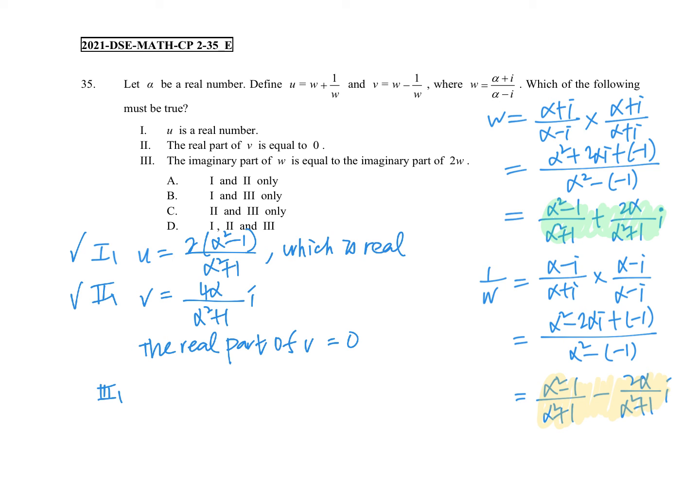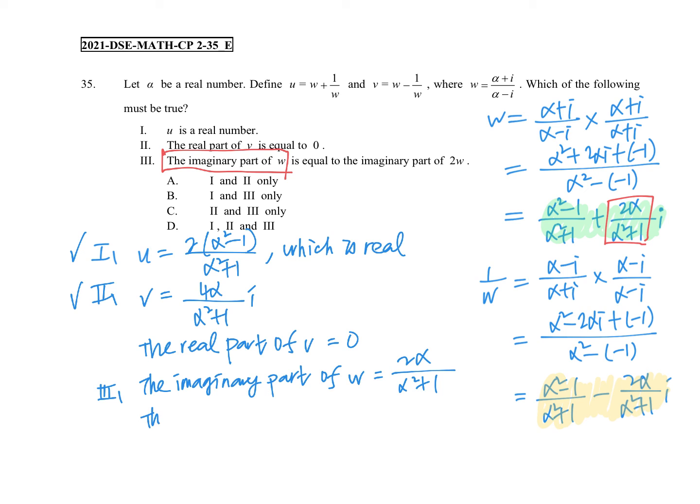Statement 3. We go back to W, so the imaginary part of W will be 2 alpha over alpha squared plus 1.